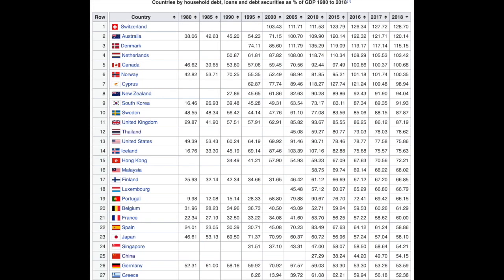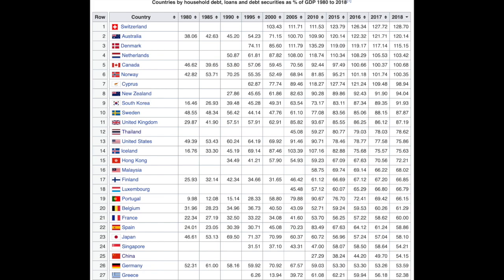So there's also something called household debt. Here you can see Switzerland shows up as number one as a percentage of GDP. That means the average household has a lot of debt. The interesting thing about this number is that it includes all mortgage loans, all consumer debt, including credit cards.